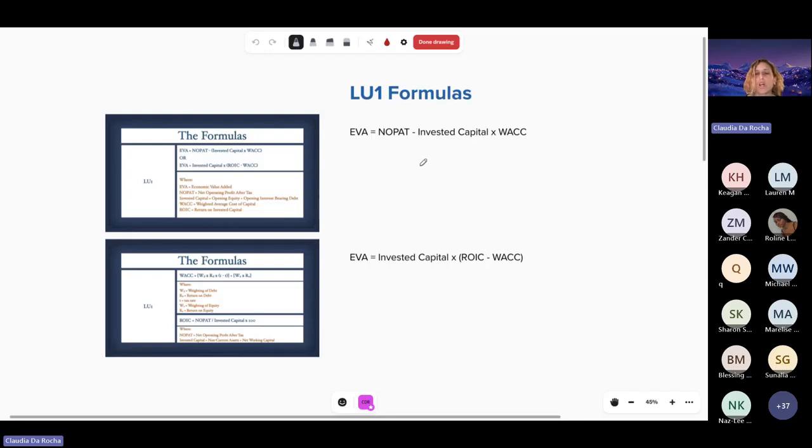All right. Before we go into tackling these formulas, the point of EVA, or economic value added, is really to assess the value of an entity or a company, to see whether its value has increased or decreased. Especially because it's finance, we're looking at cash components. We want to make sure that we only include cash items in our NOPAT, and that we only include items in our invested capital that are relevant to those cash flows.